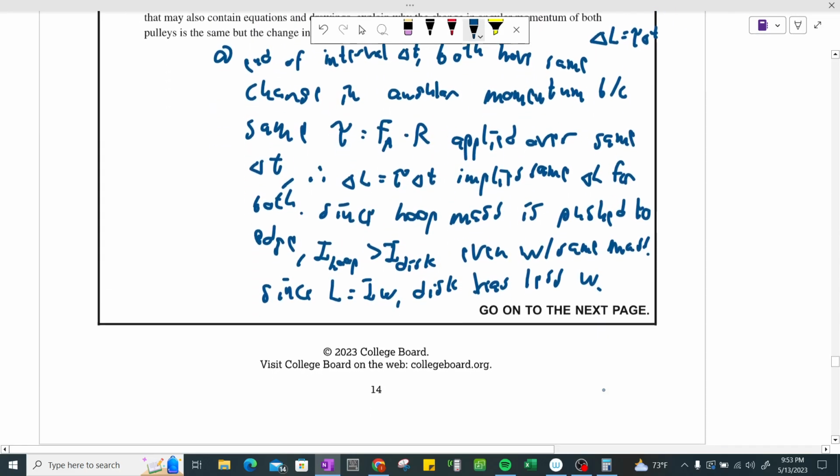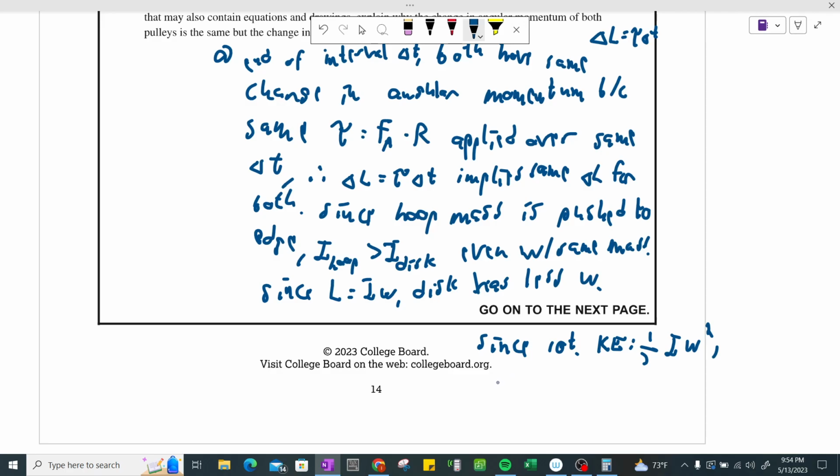And unfortunately, my pen is huge. But as we keep going on, we could say then that since rotational KE equals 1/2 I omega squared, if I is 2 times larger for the hoop, omega is 2 times smaller.